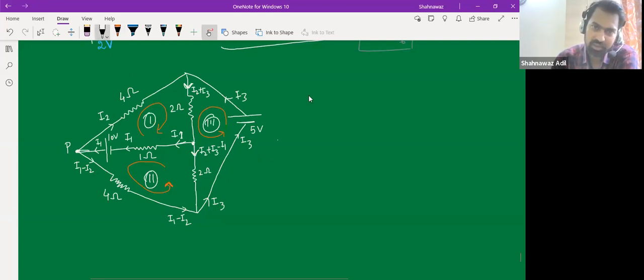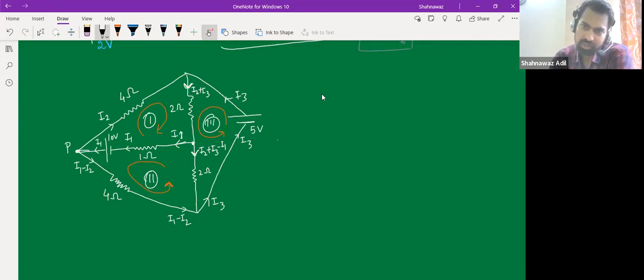Sir, the loop's direction can be anyhow? Yes, it can be in any direction. Let's say that you have calculated this, and if you get the opposite direction, the current would be negative.